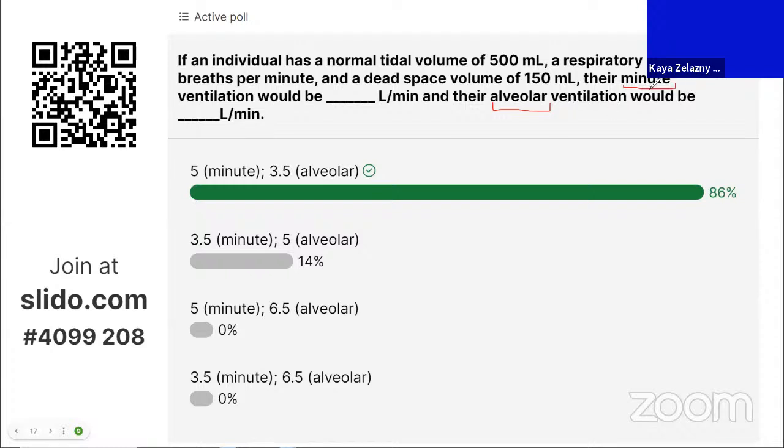Our minute ventilation is always going to be higher than our alveolar ventilation, because in our alveolar ventilation we're subtracting away that dead space. So in our correct answer, we have a higher minute ventilation and lower alveolar ventilation. But for all of your other answers, we had a higher alveolar ventilation, and that's just never going to be true.